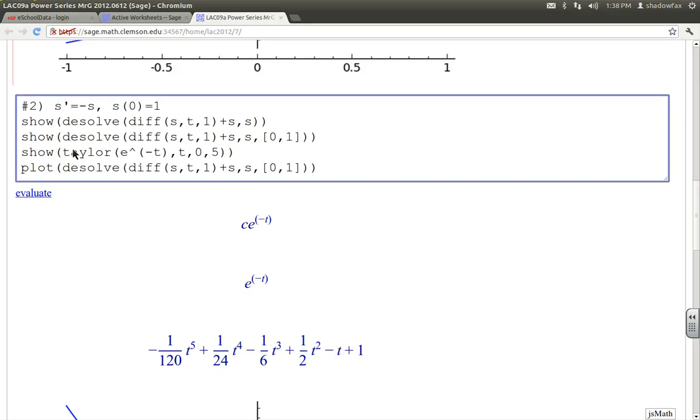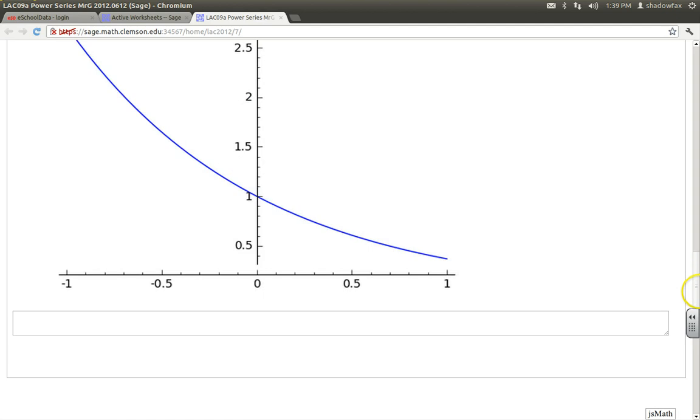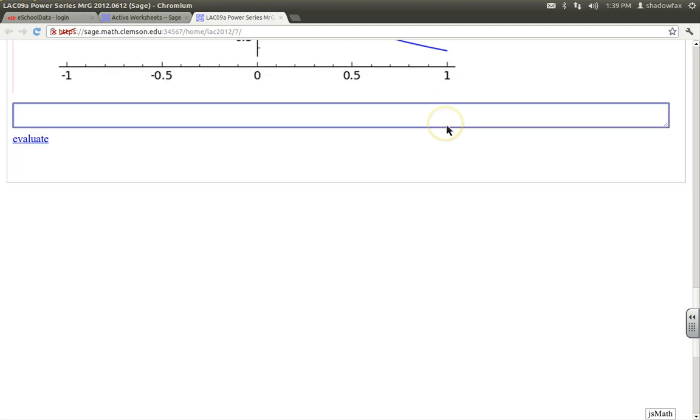How about, let's see, number 3. Number 3, oh yeah, let's start from scratch with 3. Number 3 was s prime equaled 1 over 1 plus t, right? And s of 0 is 0.